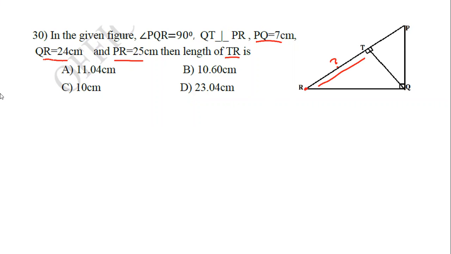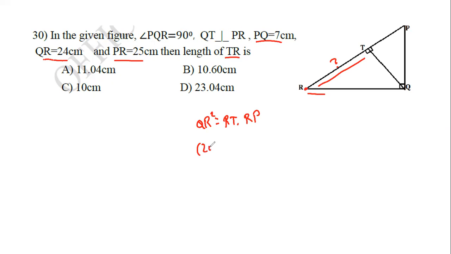Then it will become QR square, this one, meet at this point. So take this one. QR square is equal to the next hypotenuse side, RT into RP. Now substitute the values.